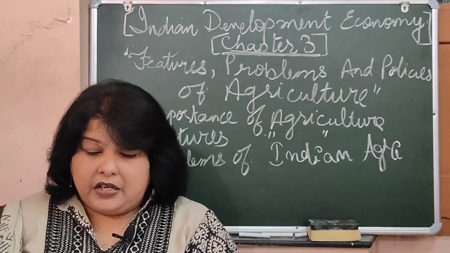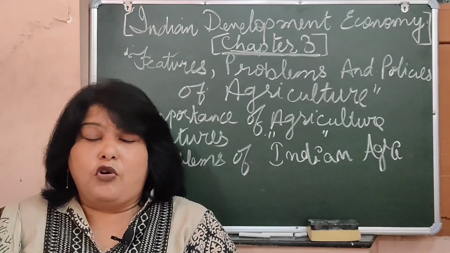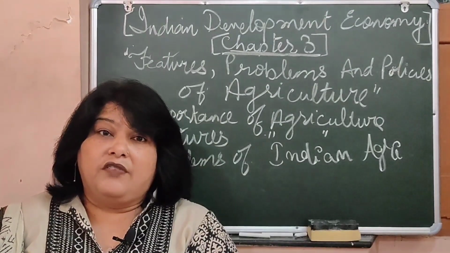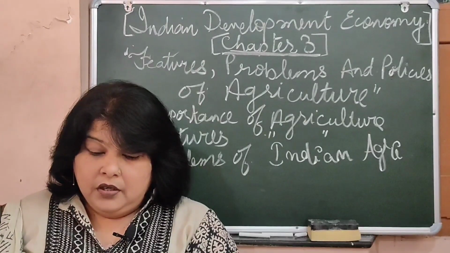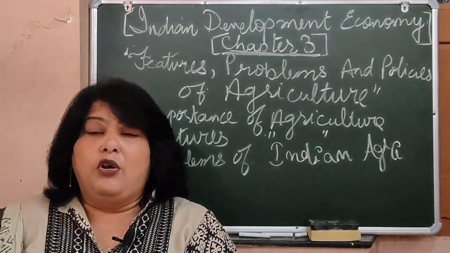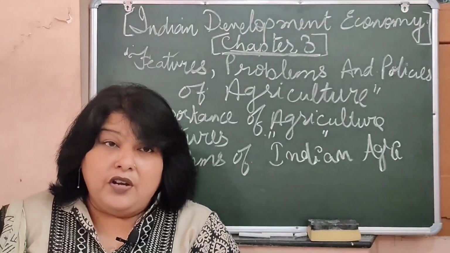Next, the contribution to the international trade. Agriculture also contributes to the international trade, like about 11% of exports. Products like cashew nuts, tobacco, tea, coffee, all these earn a lot of foreign exchange. Support to the transport industry.